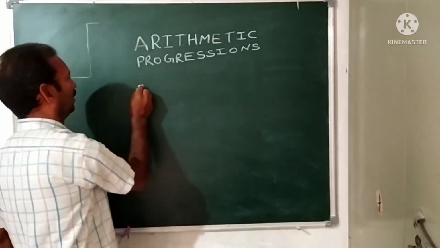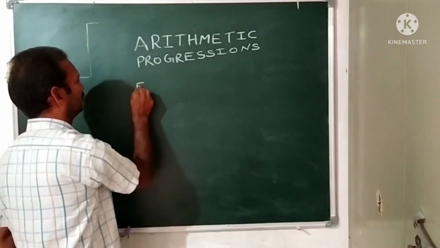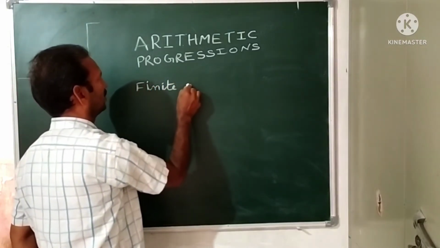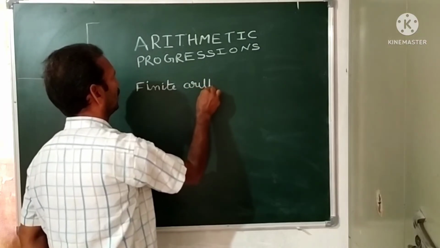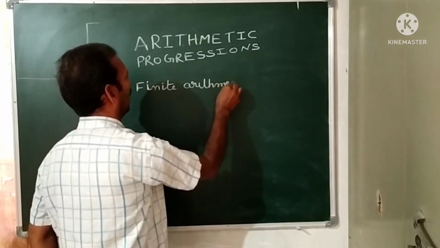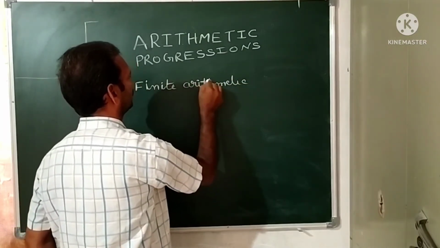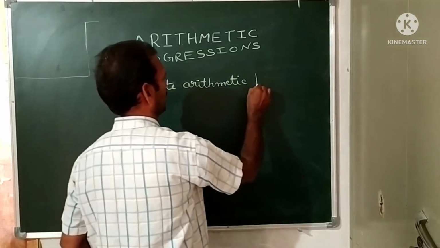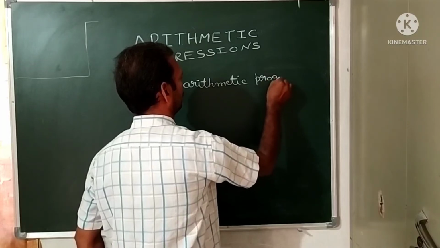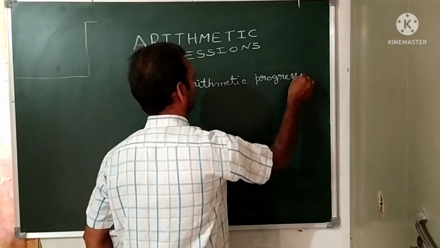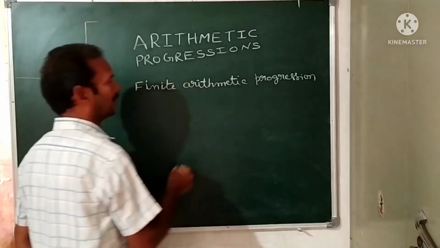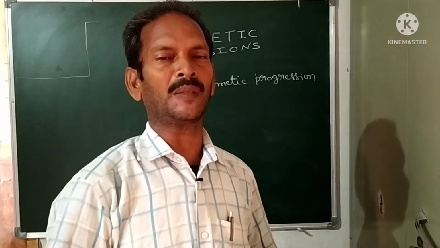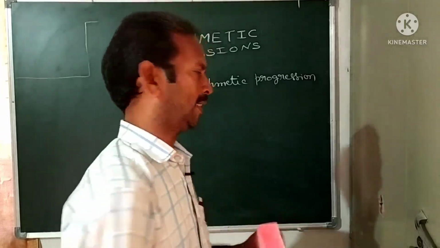See, finite arithmetic progression. A finite arithmetic progression means the number of terms in the progression you take should be finite.